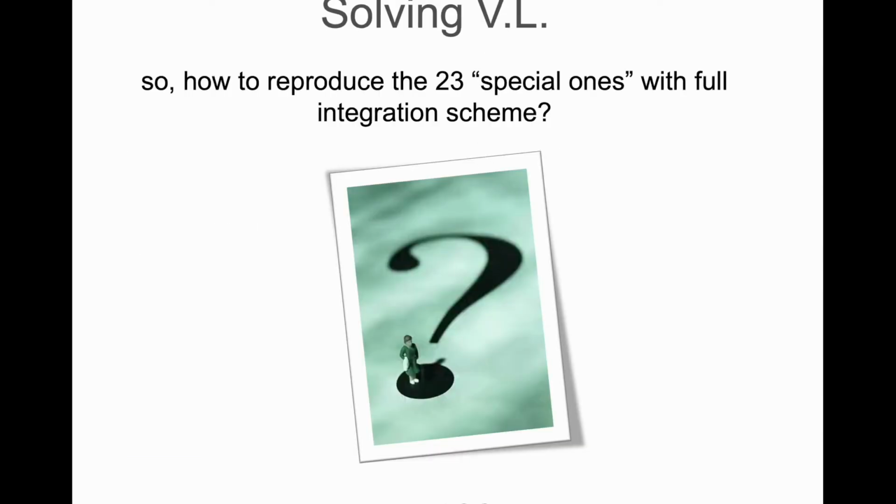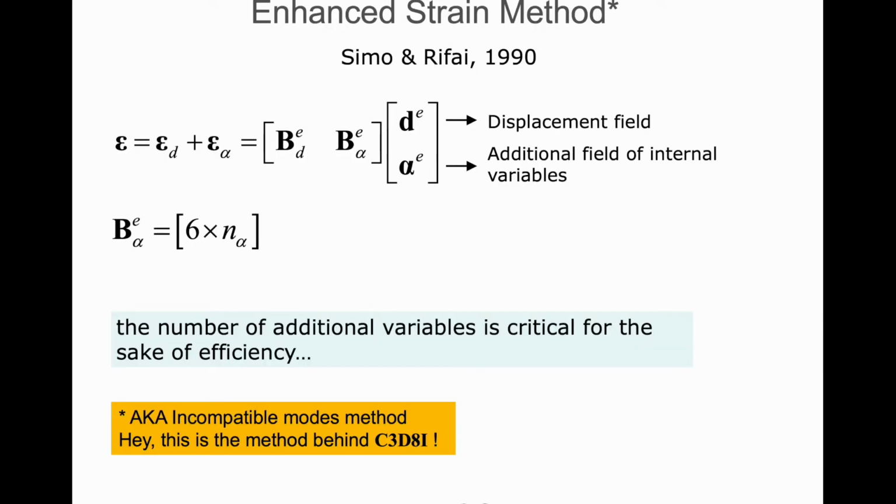So now there is a question. If I don't want to use any kind of reduced integrated scheme, even complete or selective, like we saw, is it possible to avoid volumetric locking by reproducing the 23 deformation patterns we discussed some slides ago? Well, the answer is yes.